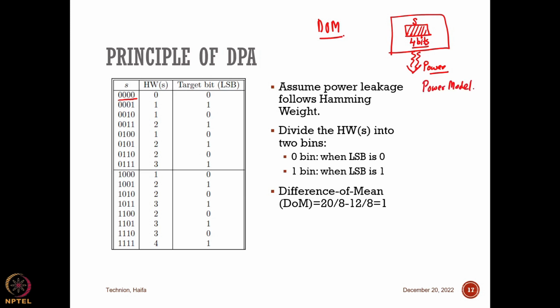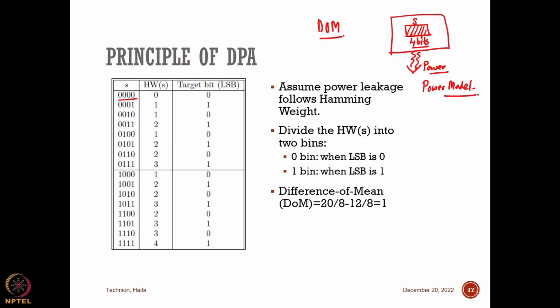A very common power model is the Hamming weight power model. Hamming weight power model means that the power consumption depends upon the number of bits that are 1 in that register.